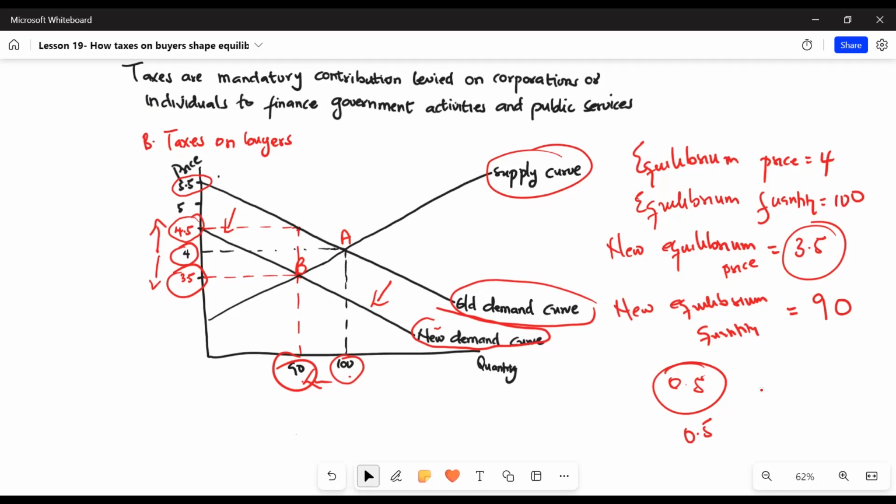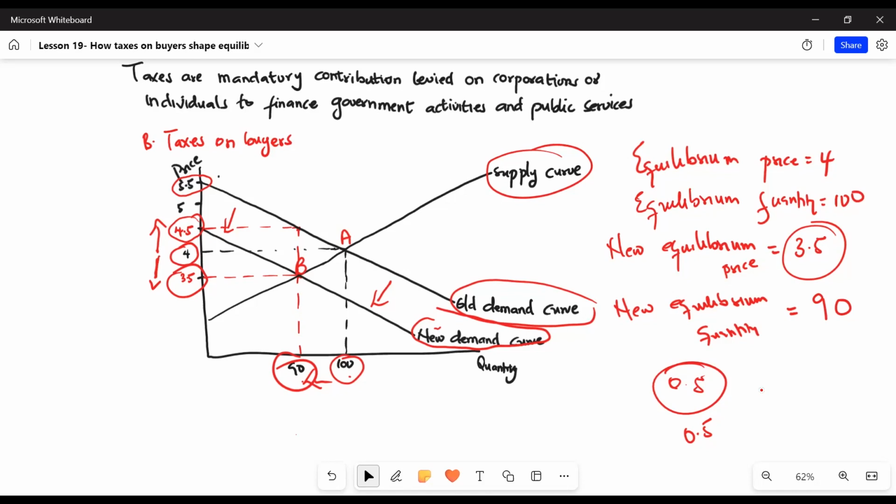So the price that buyers pay increases from 4 to 4.5, but the price that producers receive reduces from 4 to 3.5. Both buyers and sellers share the economic burdens of the tax on buyers. So even though the tax was imposed on buyers, both the sellers and the buyers share the economic burden.